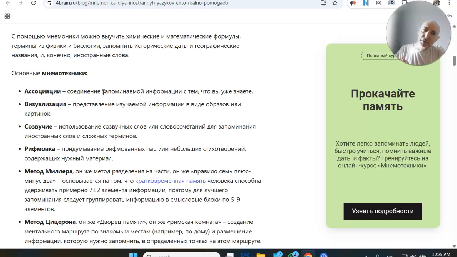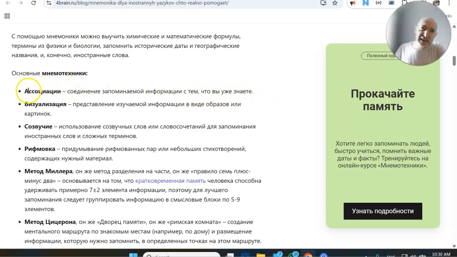Запоминаемой means remembered. So, the connection of the remembered information. Actually, in this case, it's not remembered, it's that needed to be remembered. So, запоминаемое, you can underline this word in your printed materials, and right above that, that's needed to be remembered. С тем, что вы уже знаете, with what you already know.